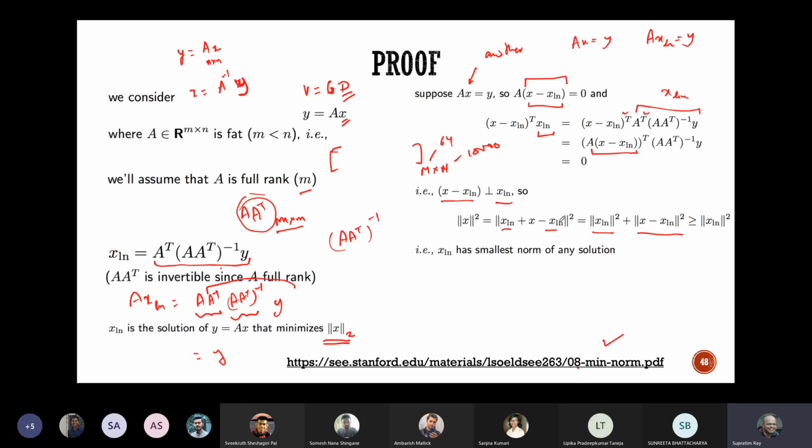It's like saying this is (a plus b) whole square, and it's a square plus b square plus 2ab, but the cross, the third term, is 0 because they're orthogonal to each other. So the norm of x is the sum of the norm of this and that, which is always going to be bigger than the norm of this. Therefore, x ln has to be the smallest norm for any solution x.